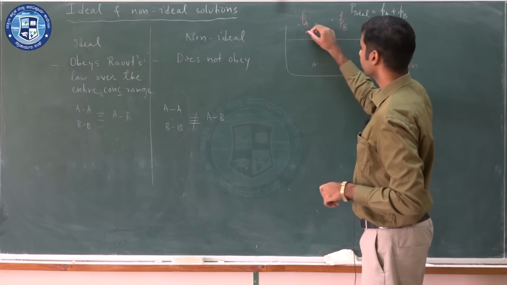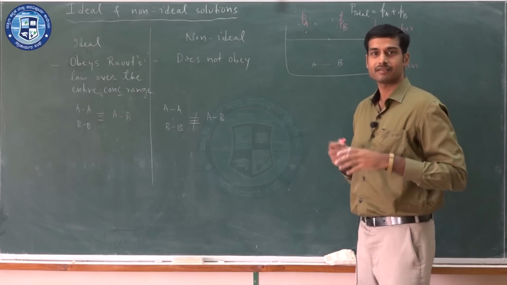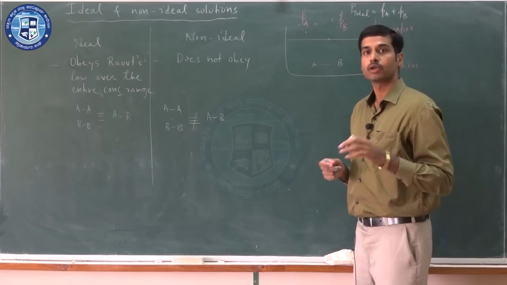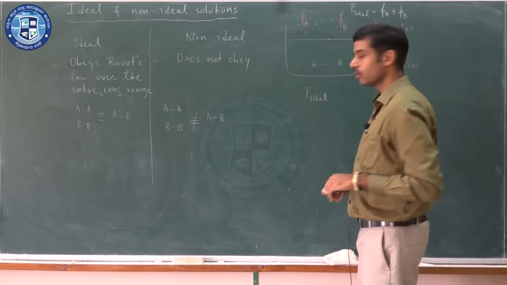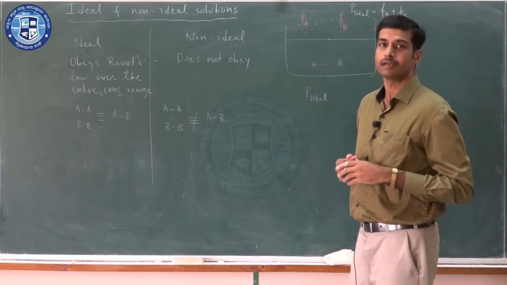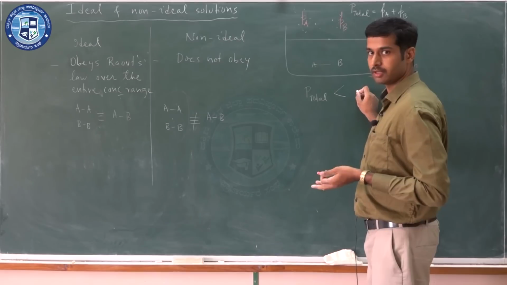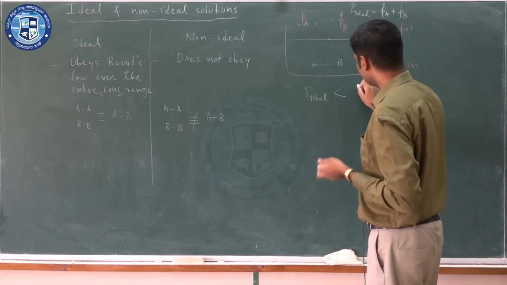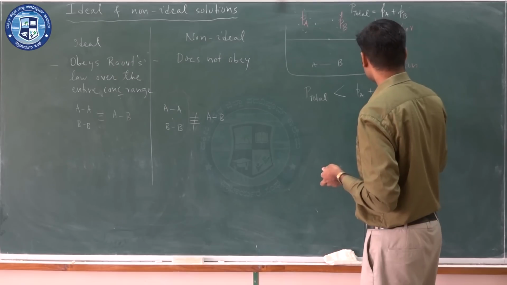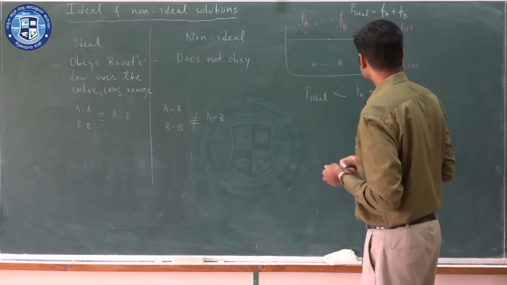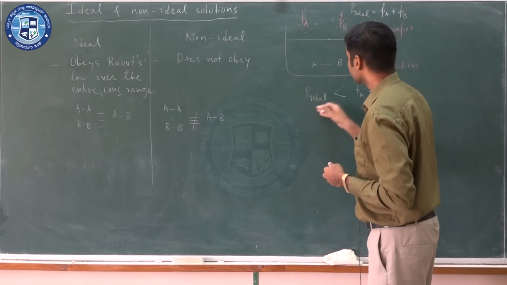So, the number of molecules of A in vapor is less, the number of molecules of B in vapor phase is less, hence the total vapor pressure, P total, that is now observed, that is now experimentally determined, is now less than what is expected from Raoult's law. What is expected according to Raoult's law? I have the sum of the partial pressure of the two components. So, this sum should be expected, but now what is observed is less.